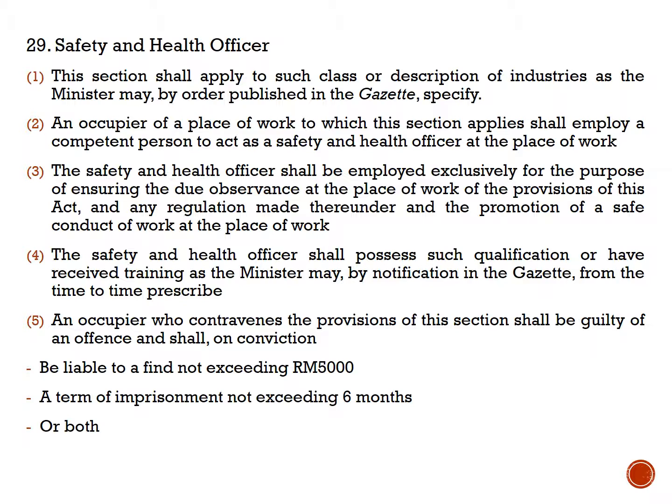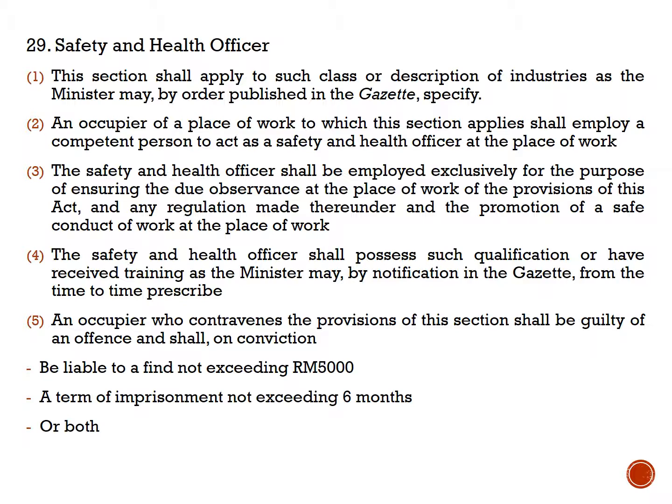The safety and health officer shall be employed exclusively for the purpose of ensuring the due observance at the place of work of the provisions of this Act, and any regulations made thereunder, and the promotion of a safe conduct of work at the place of work. The safety and health officer shall possess such qualifications or have received training as the Minister may by notification in the Gazette from time to time prescribe.